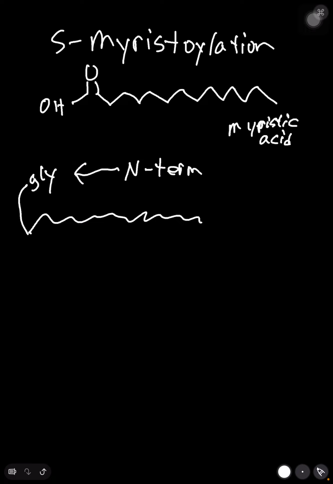So basically, you're going to have the NH2 group of glycine reacting with the carboxylic acid group right there. And that forms your standard amide linkage or peptide bond.